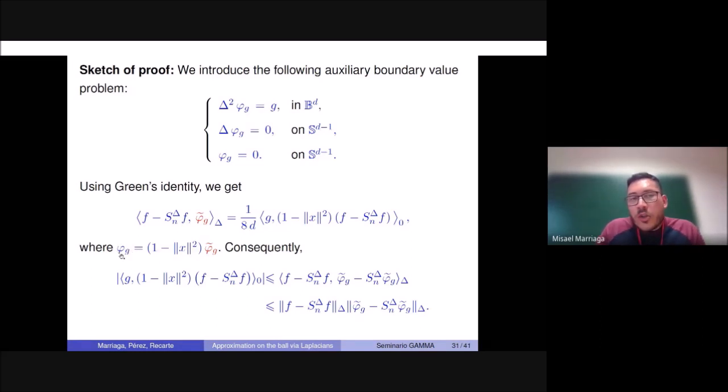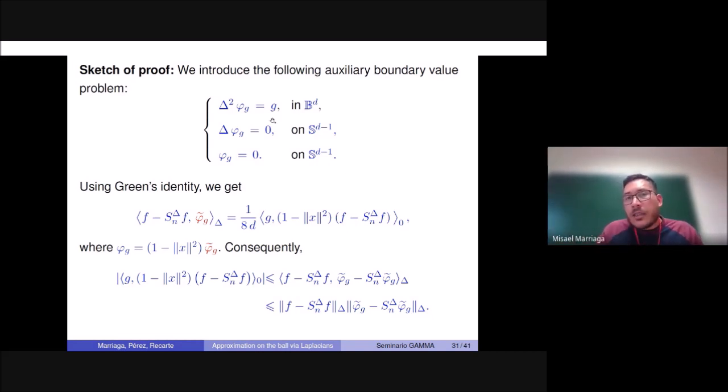This is the solution of the problem, and since it vanishes on the sphere, I can write it in this form. So whenever I try to compute this inner product and I use Green's identity several times, I will have some elements that are defined on the boundary and another part that is defined on the ball.